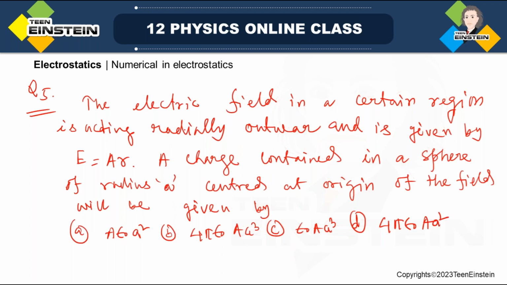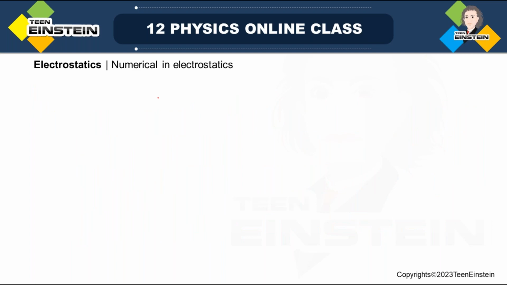So what is the question? Question is that electric field in a certain region is acting radially outward and is given by this: a charge contained in a sphere of radius A centered at origin of the field. Let me just tell you this thing.